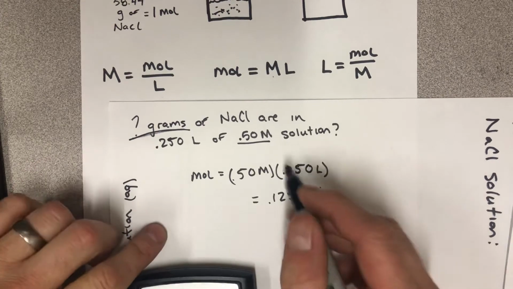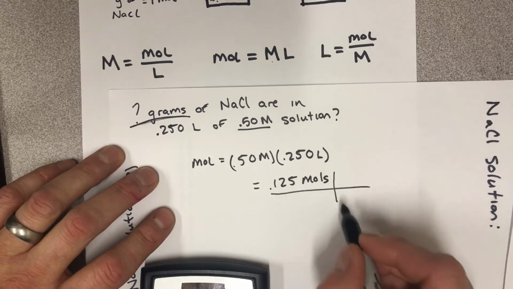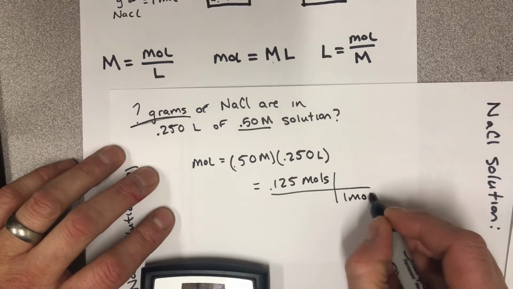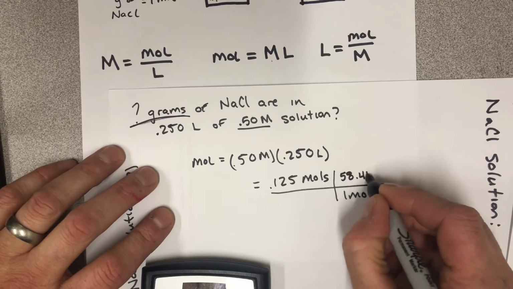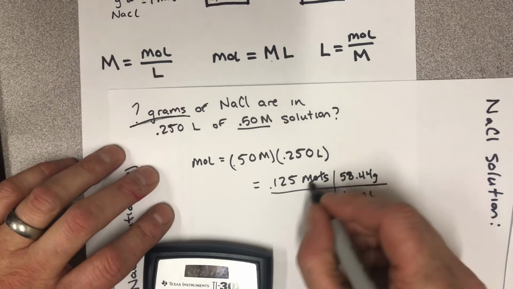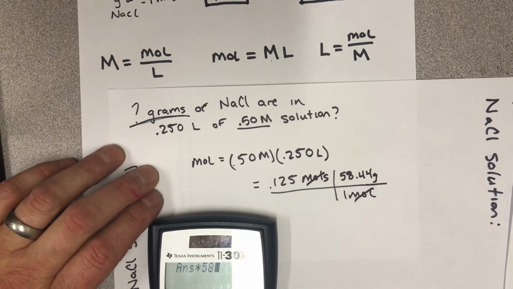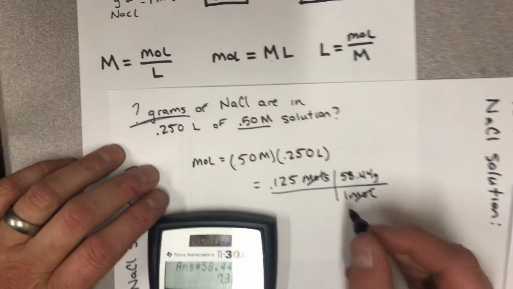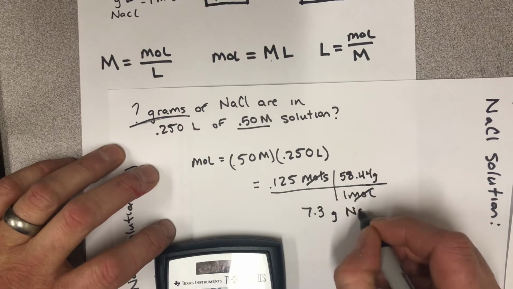The question, though, is how many grams, so we just have to make a quick conversion here. 1 mole of sodium chloride is 58.44 grams, and then we can just multiply these numbers together. Moles cross away, and that's 7.3 grams of NaCl.